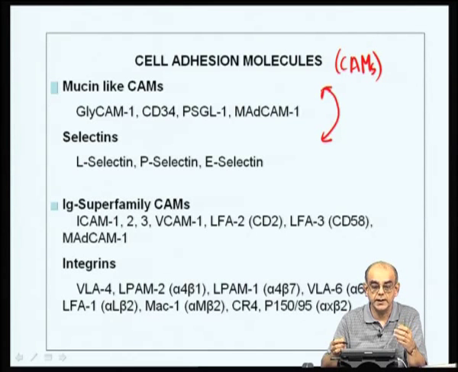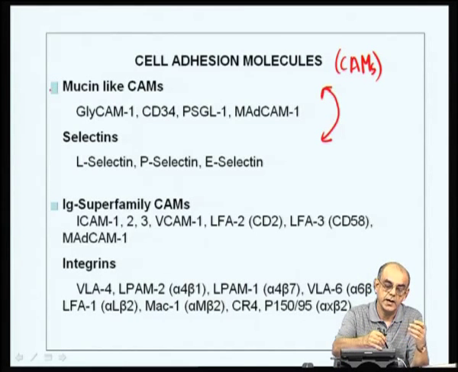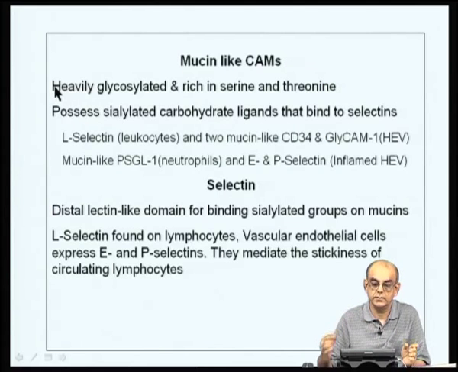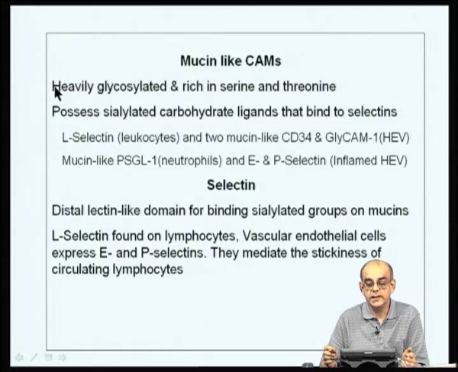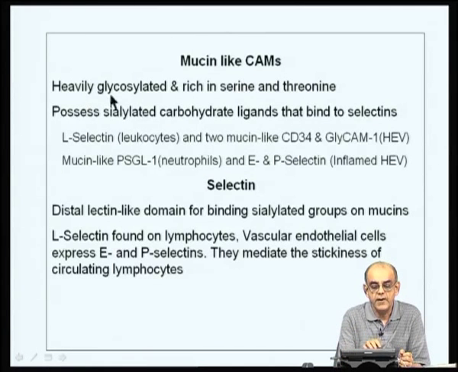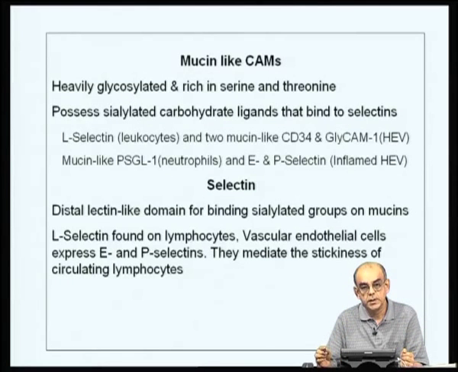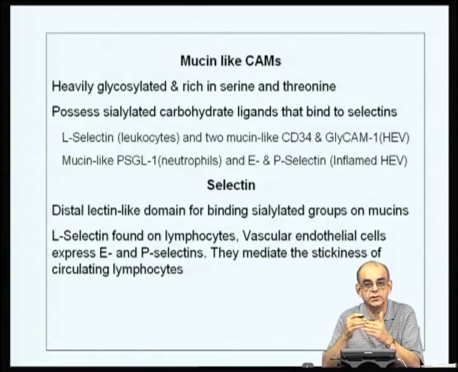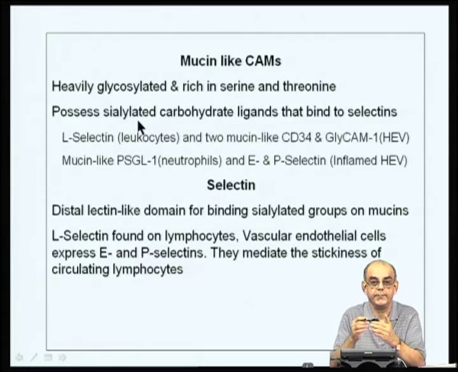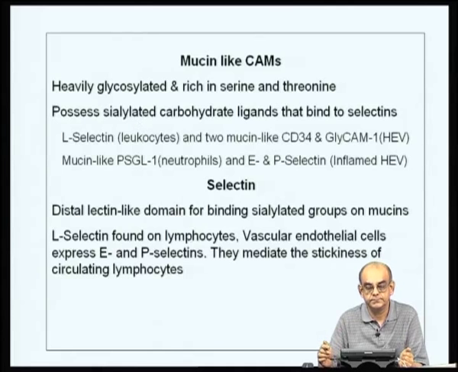These mucin like cell adhesion molecules have the property of being heavily glycosylated, meaning that they have carbohydrate groups, and many of these groups have sialic acid added onto them, so they are called sialylated.